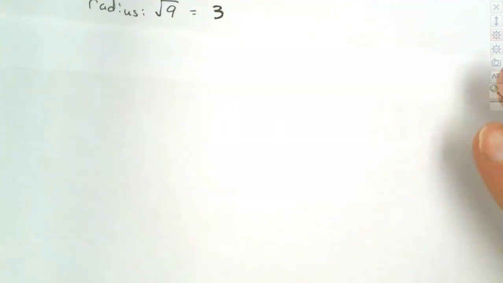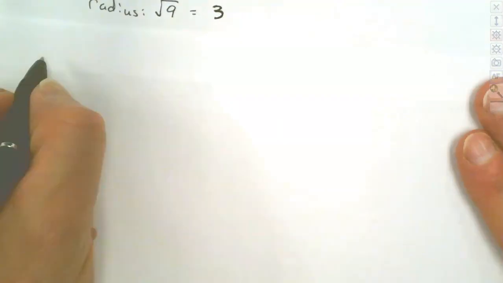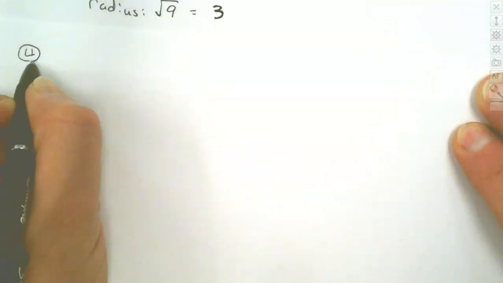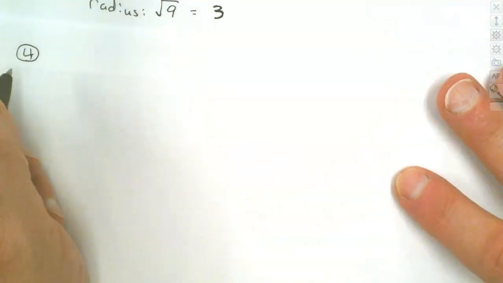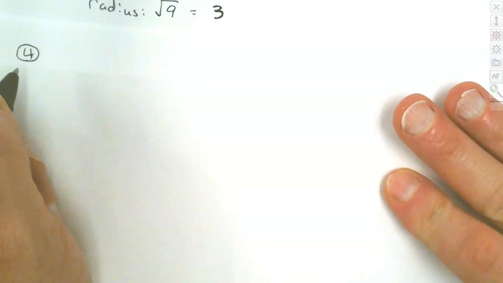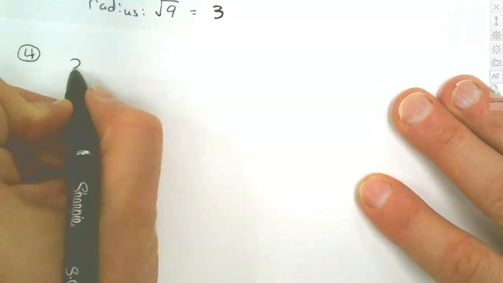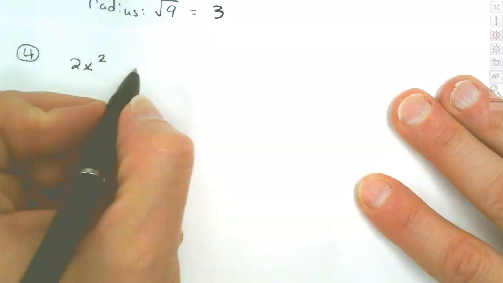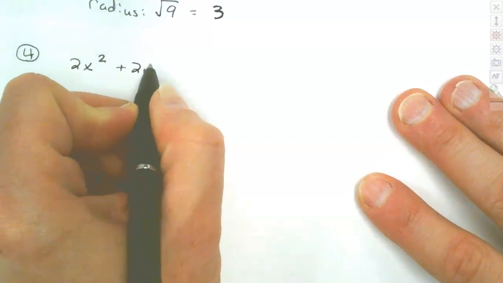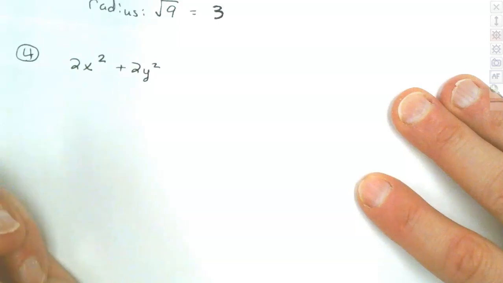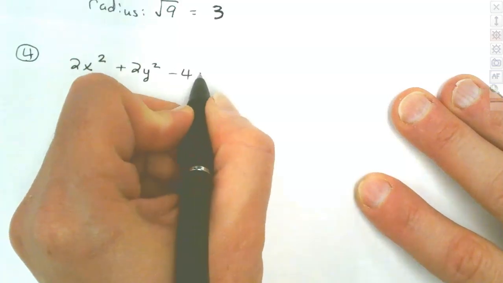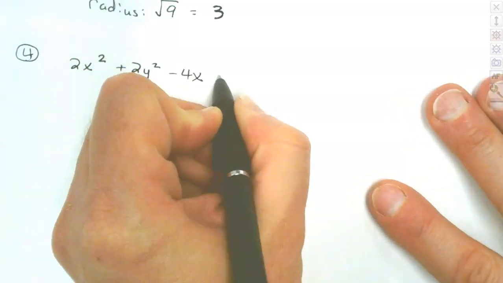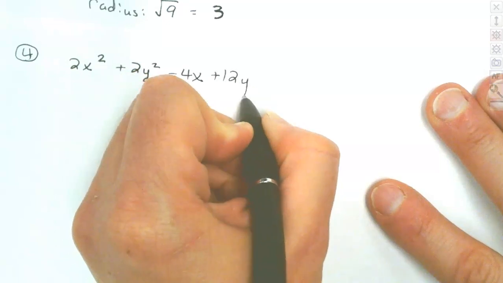Question 4, we're going to have to divide out first. So let's rewrite question 4, and I'm going to move that 12 over. So we've got for question 4, 2x squared plus 2y squared minus 4x plus 12y.